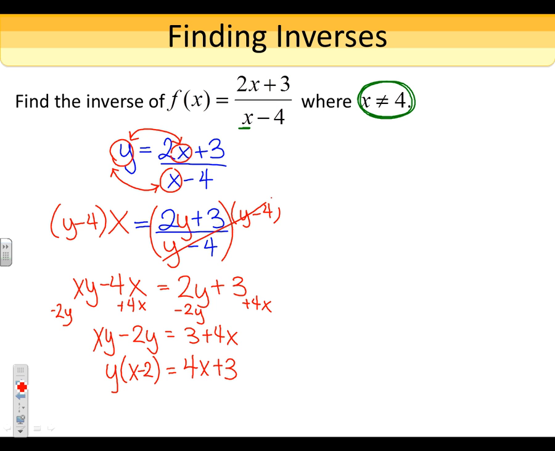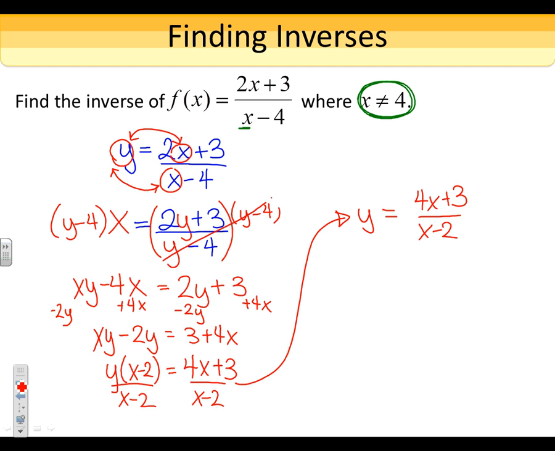So I take out my y, and now I can just divide by x minus 2 on both sides to get y by itself. So I get y is equal to 4x plus 3 over x minus 2. Okay. So f inverse of x is equal to 4x plus 3 over x minus 2.